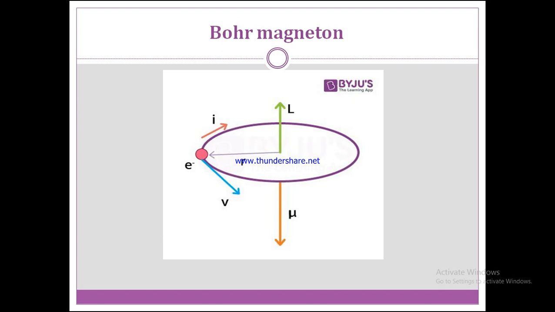The electron has a negative charge and is continuously moving around the nucleus in an orbit.